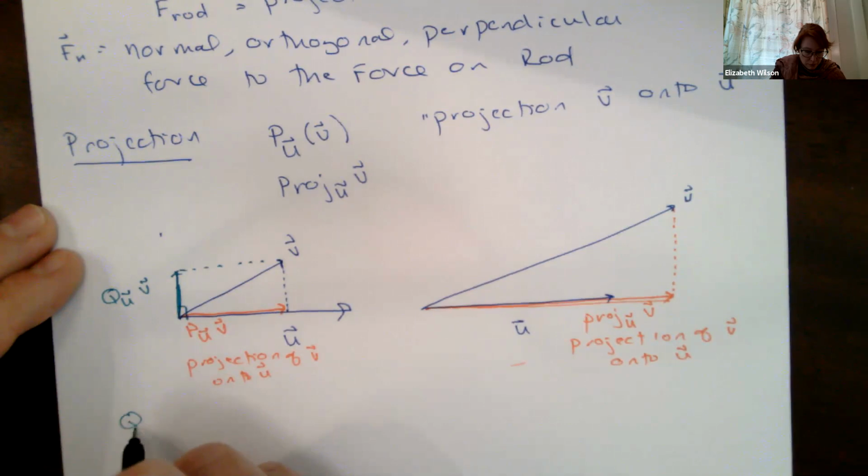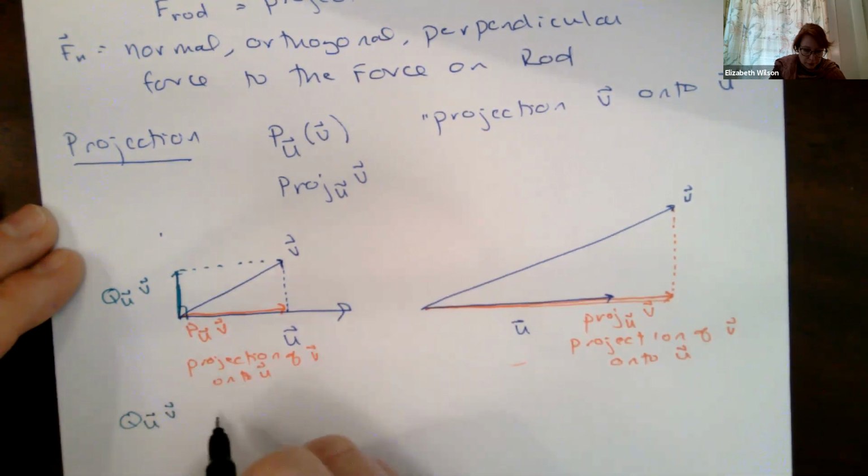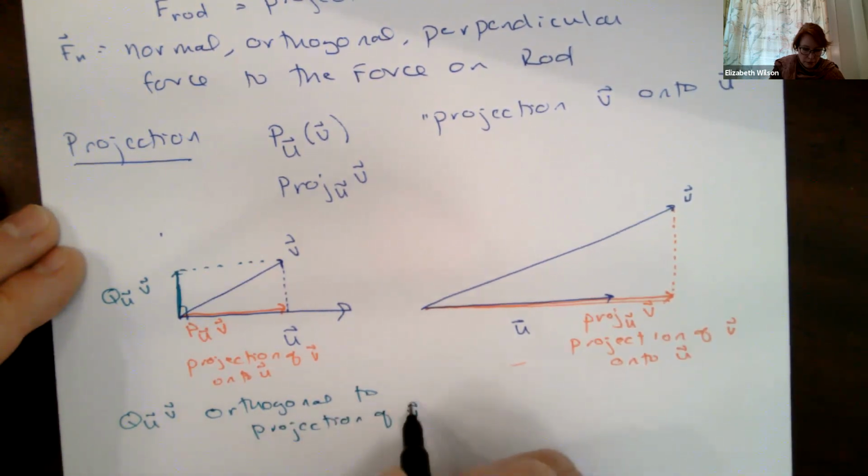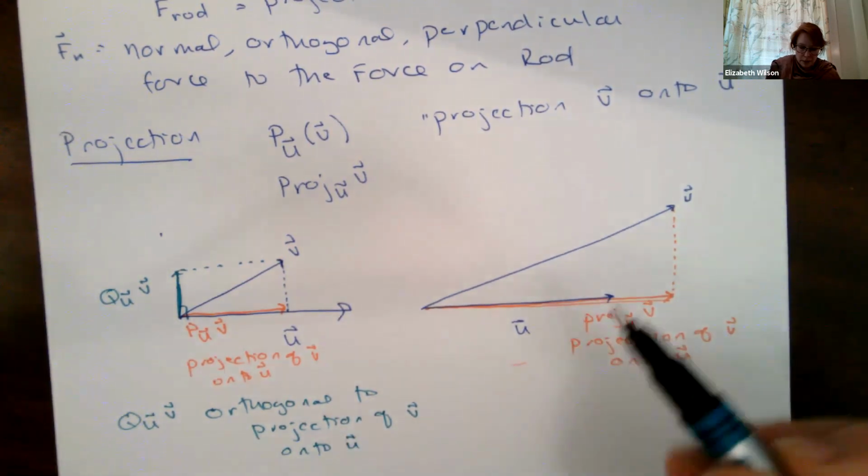So Q is the orthogonal to the projection of V onto U. And orthogonal comes in handy too.